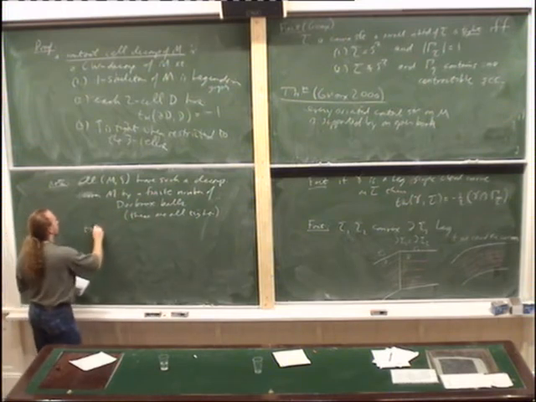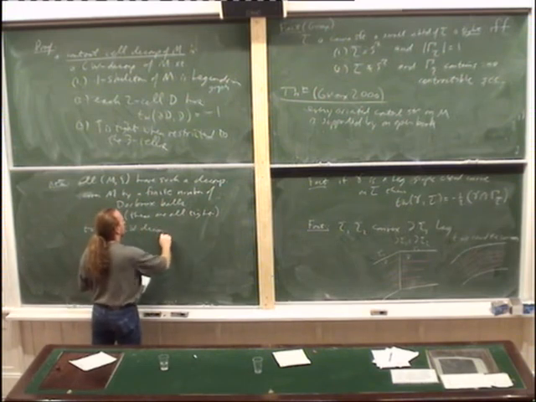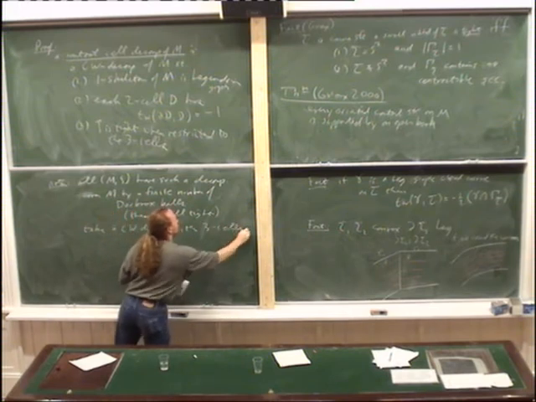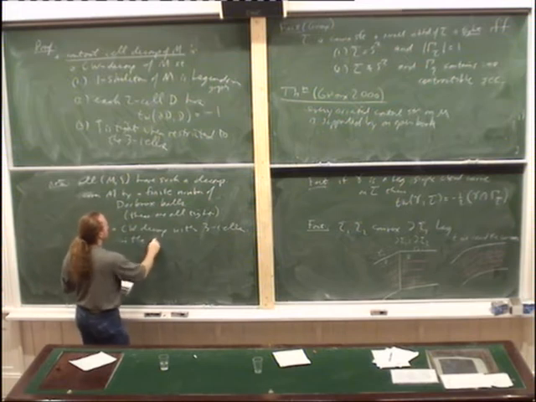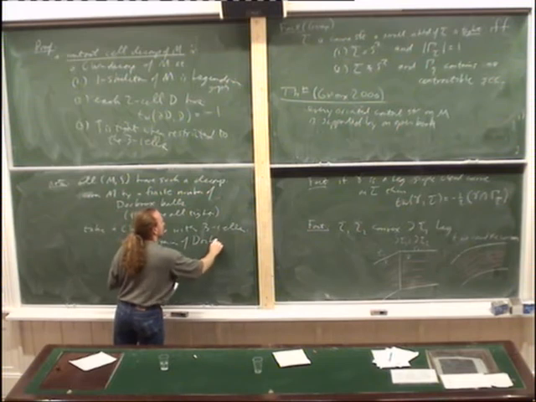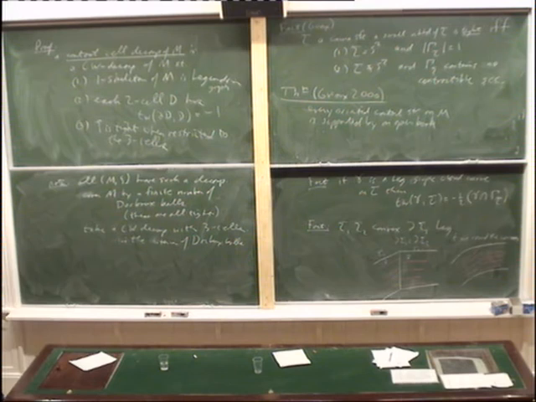So take a CW decomposition with the 3-cells in the interior of the Darboux balls. If you take any old CW decomposition, you divide it fine enough, you'll get the 3-cells inside of this cover.